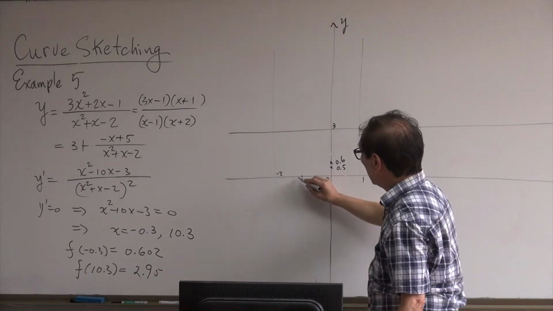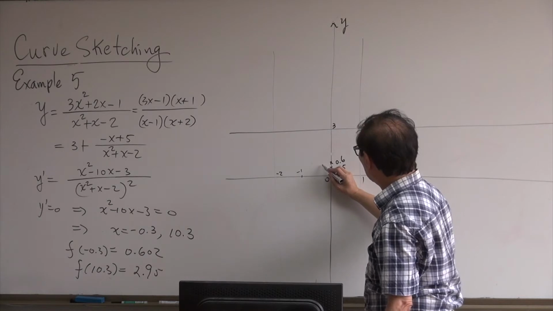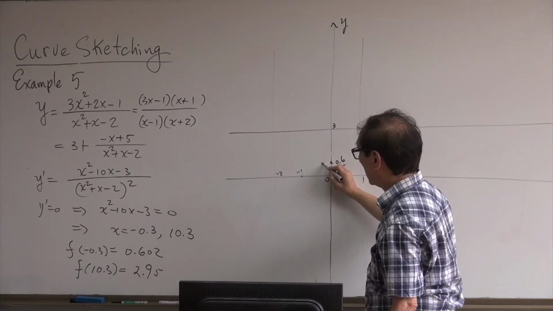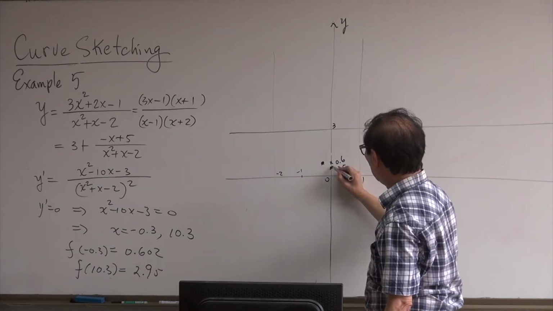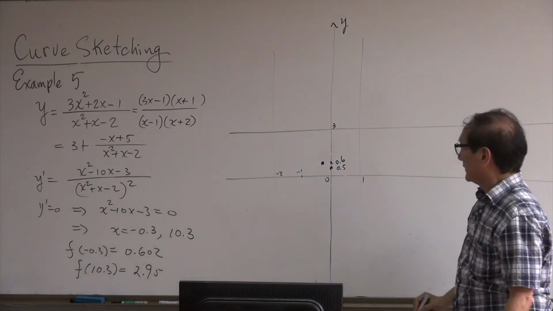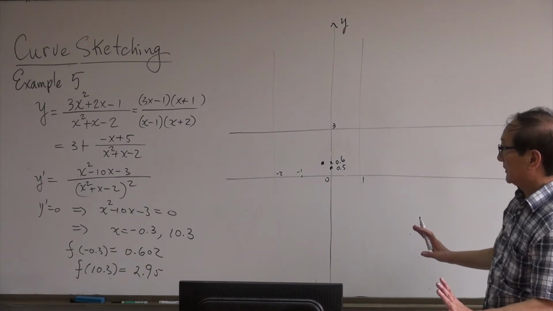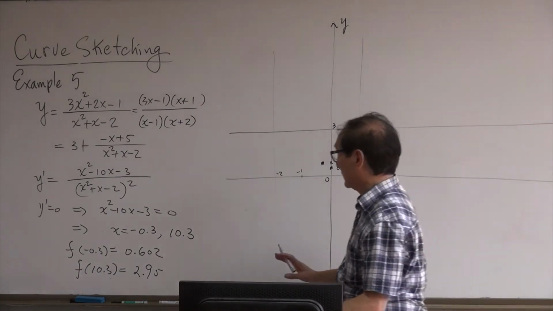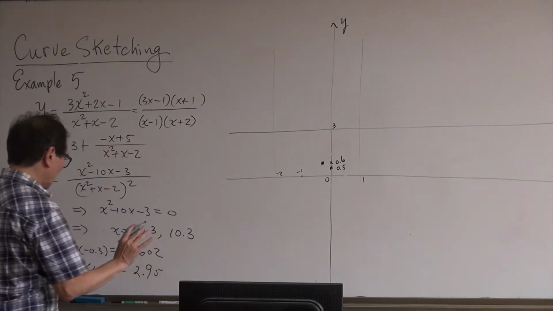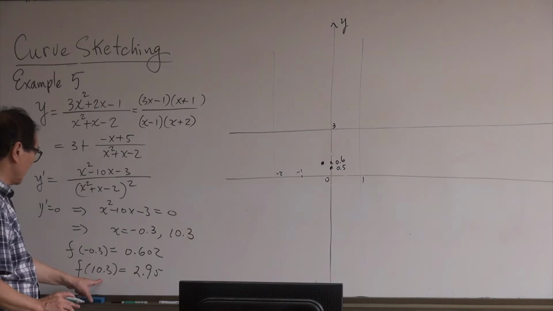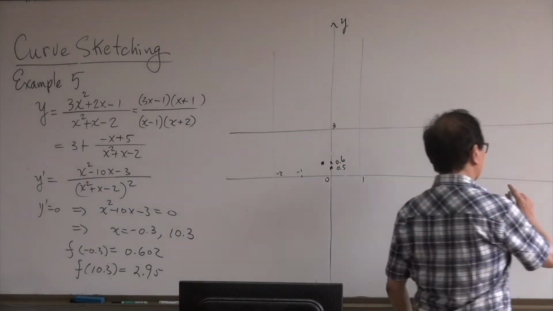Then this is minus 1. This is 0.3. It's here. This is the point. What are other points you have? This point, 10.3, is somewhere here.